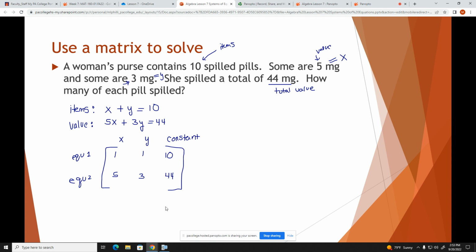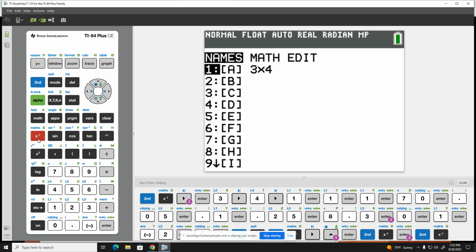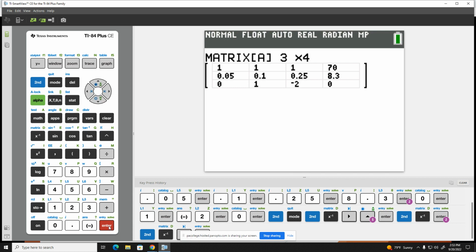So once I have my matrix set up, I'm going to go to my calculator for it to do all of the work on this matrix rather than doing that work by hand. So in my calculator, I'm going to use the second button and the X to the -1 button, and I'm going to arrow over here to edit the matrix. Now it does have the matrix in from my last problem, so I need to change all of this.